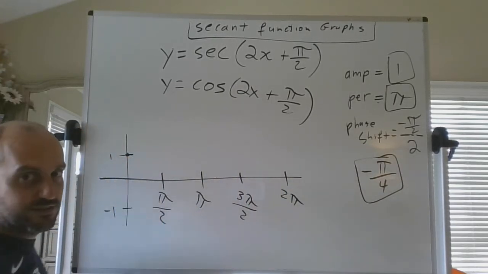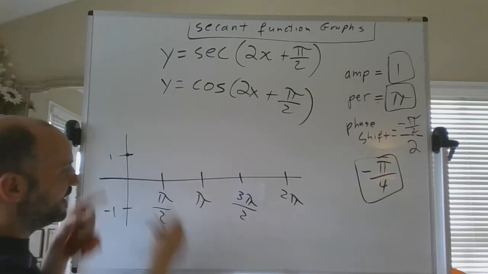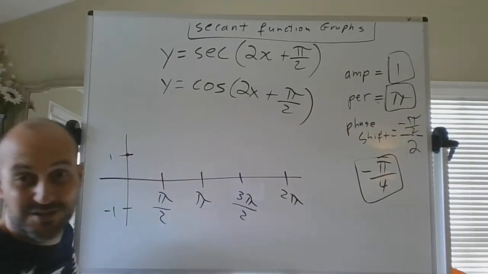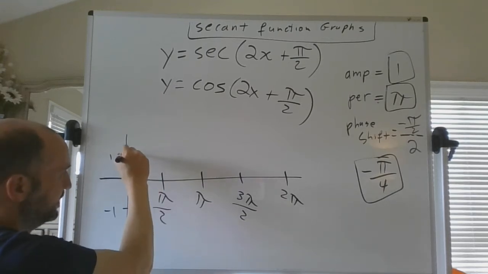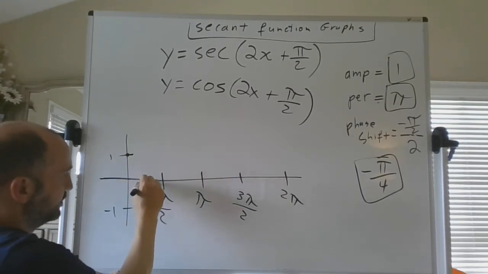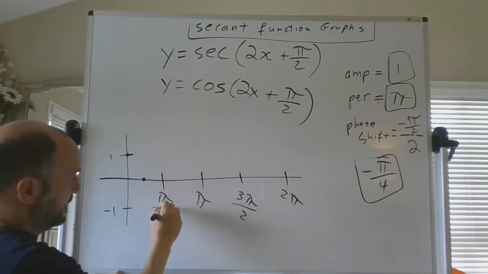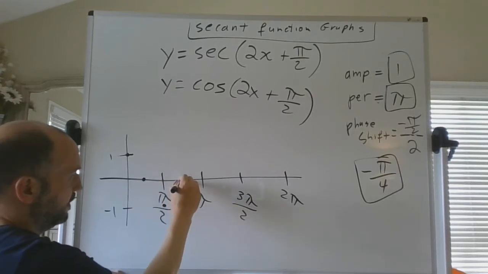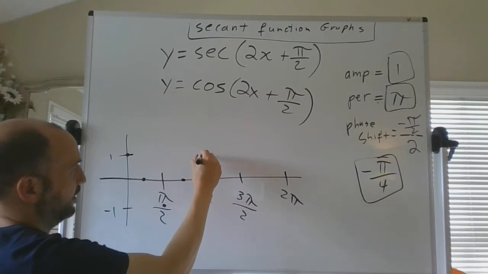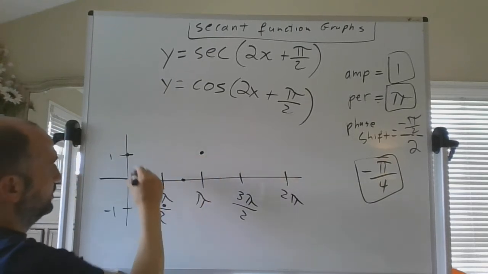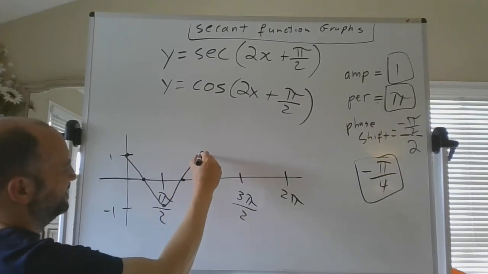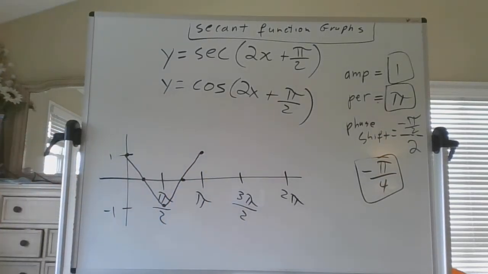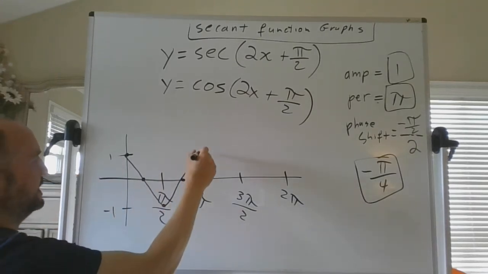But there's a couple things to take into consideration here. We're not talking about a 2 pi period. Our period's only pi. So instead of going down here at pi over 2, everything is cut in half. It's going to go down here, up here, up here. So it's going to come down, then back up, and then it's going to start coming down again.